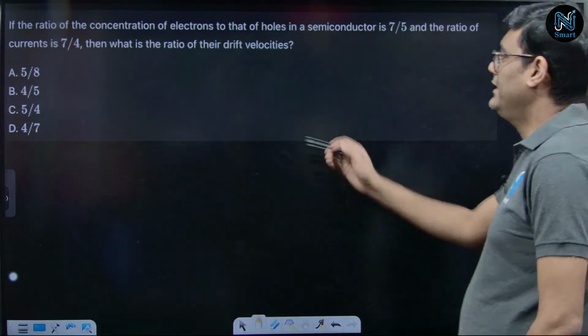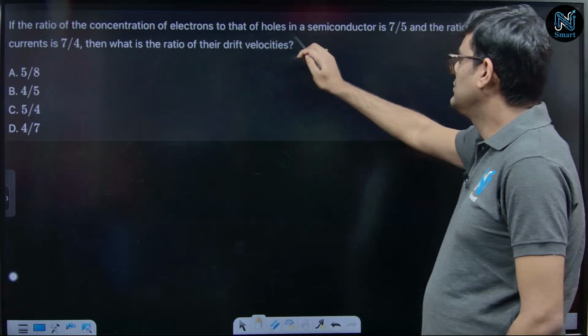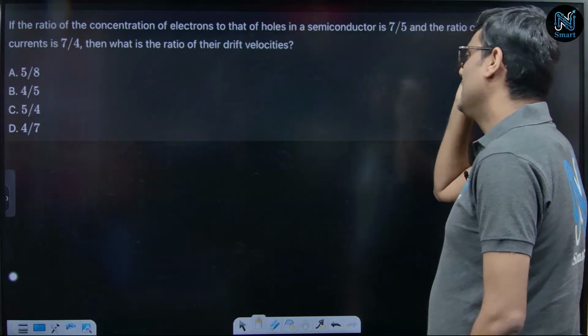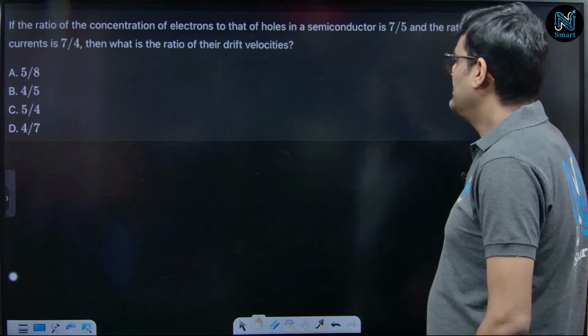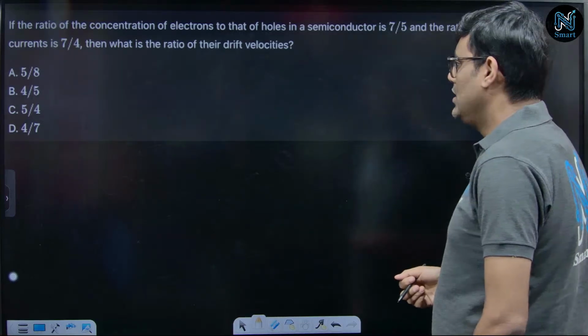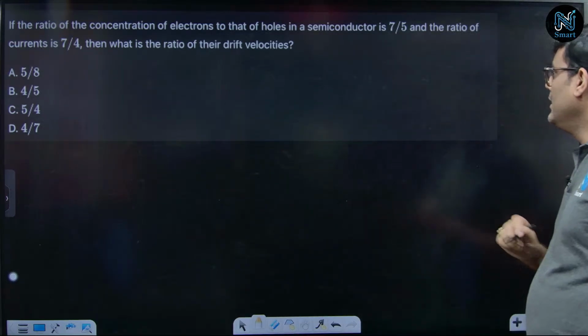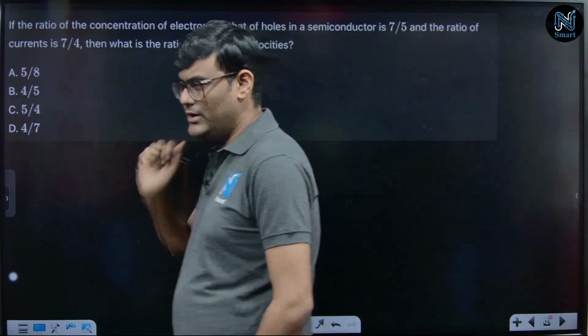It says that if the ratio of concentration of electrons to the holes in a semiconductor is 7 by 5 and the ratio of the currents is 7 by 4, what is the ratio of their drift velocities? There are 4 options, you have to mark the correct one. The question says ratio of currents, which current is it talking about?